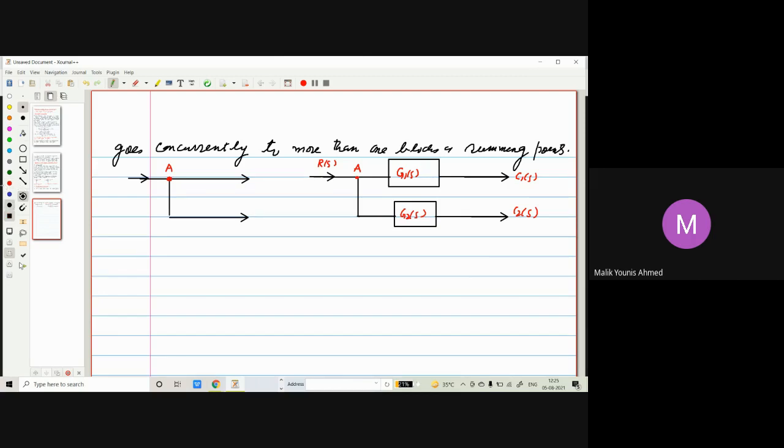When a number of blocks are connected, the overall transfer function can be obtained by how? By block diagram reduction technique. So what's there also?